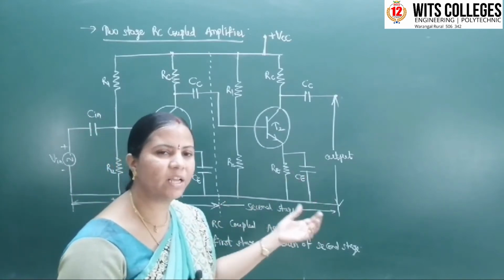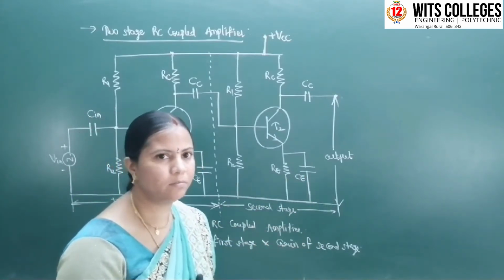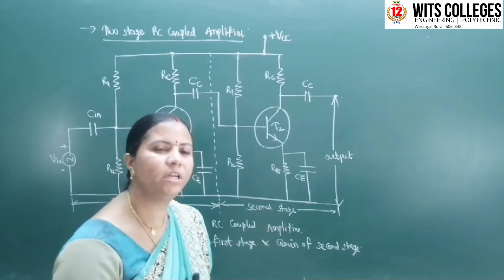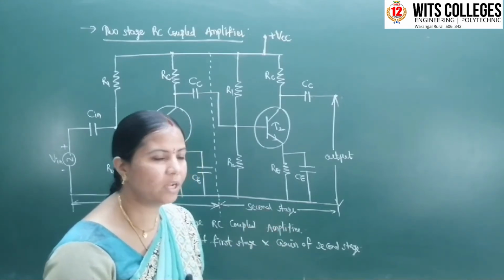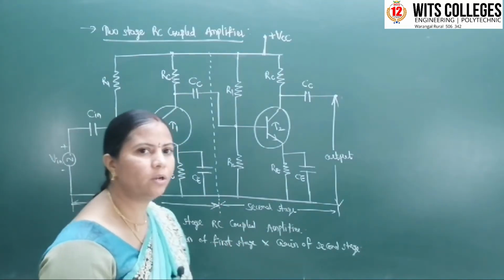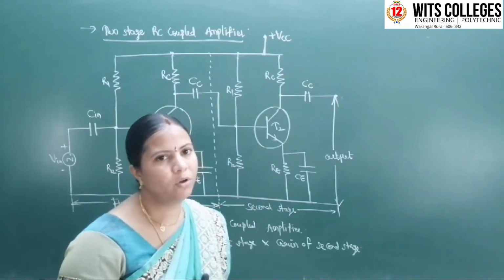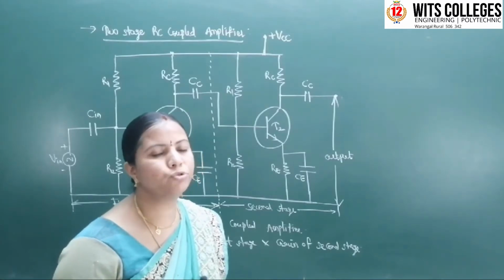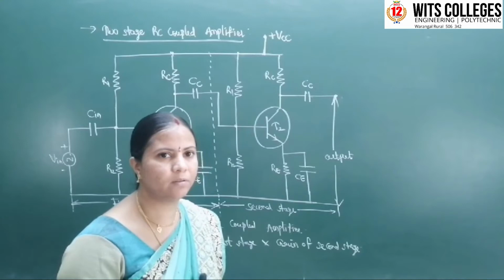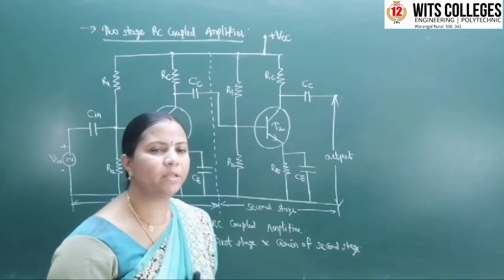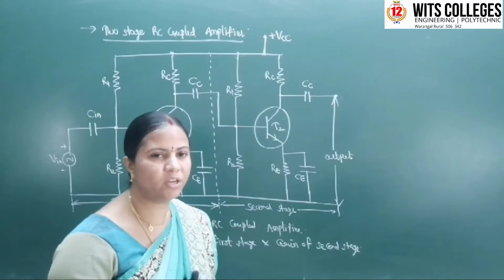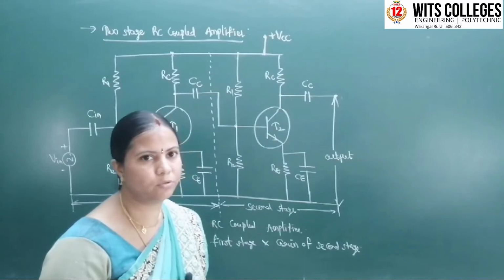Because the amplified signal consists of only AC signal; there are no DC components. That means these capacitors provide DC isolation for the input and output circuits.